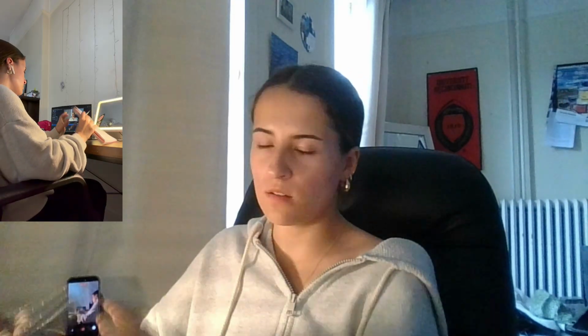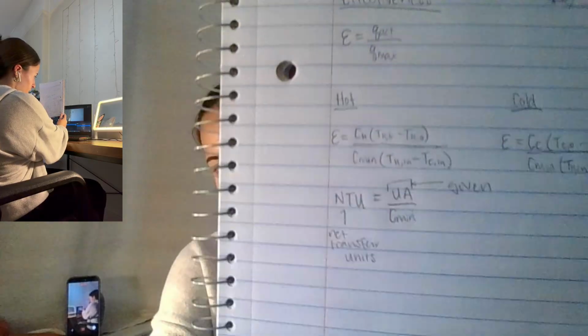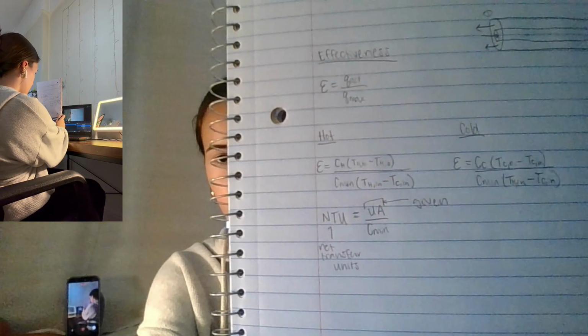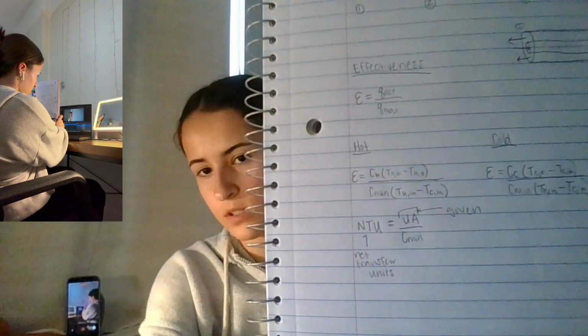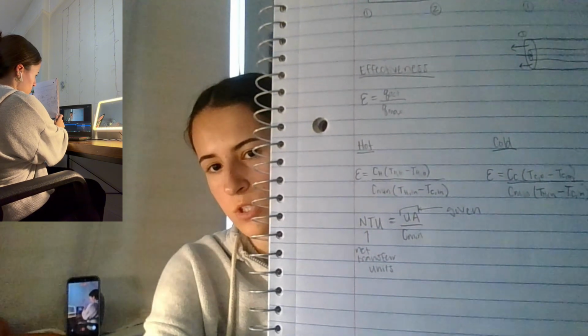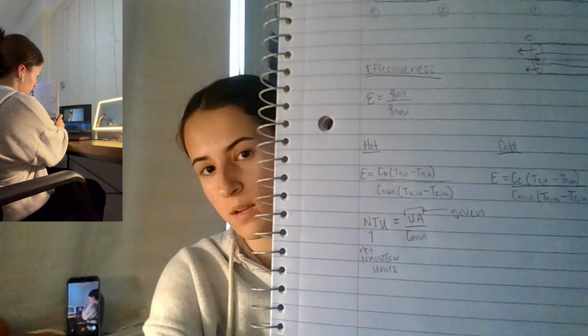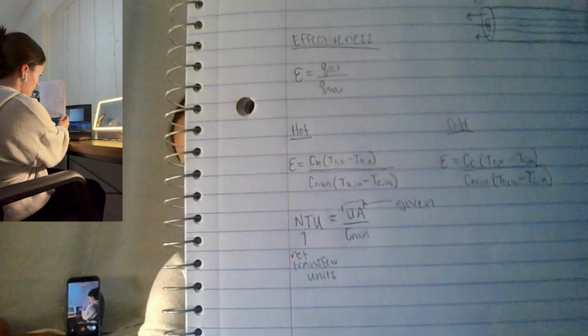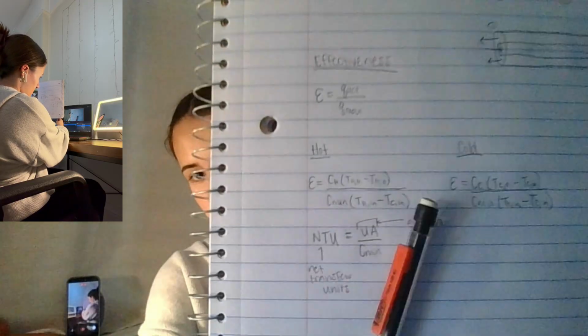So usually when you buy a heat exchanger, you're going to be given the UA, so you're going to be given your numerator there. And in order to optimize your heat exchanger, since you know what the given is and you want to make NTU as best as possible, because that's going to be the net transfer, how much you're transferring between the two streams, you can solve for the minimum mass flow rate heat capacity using these up here.